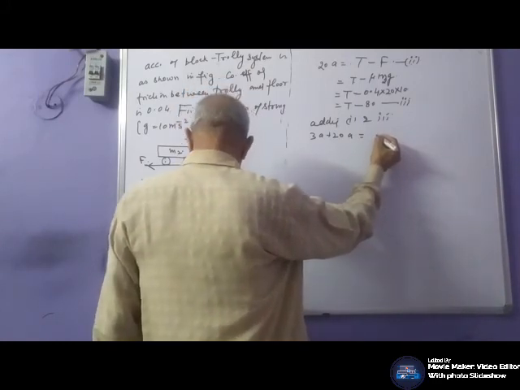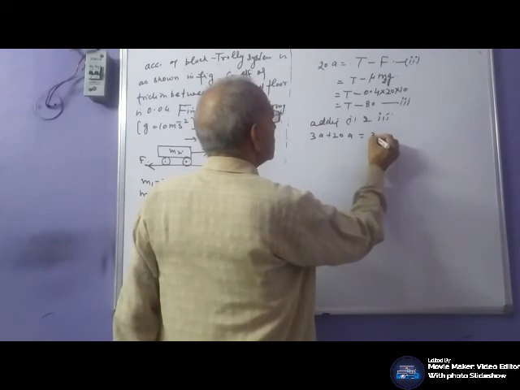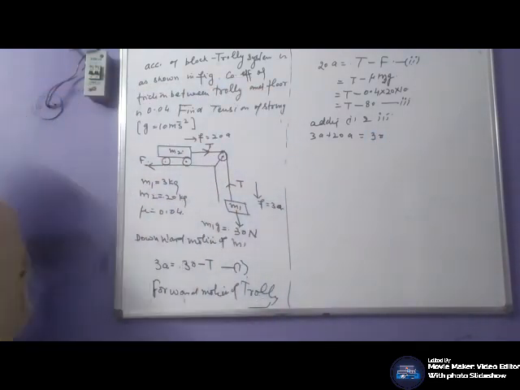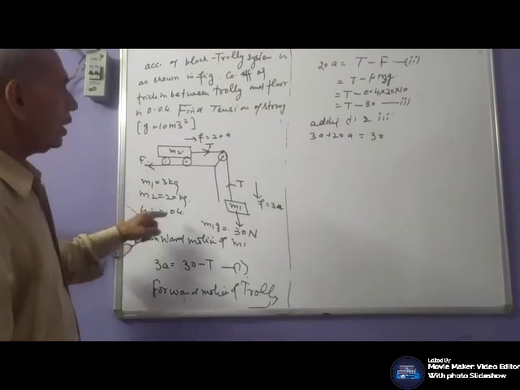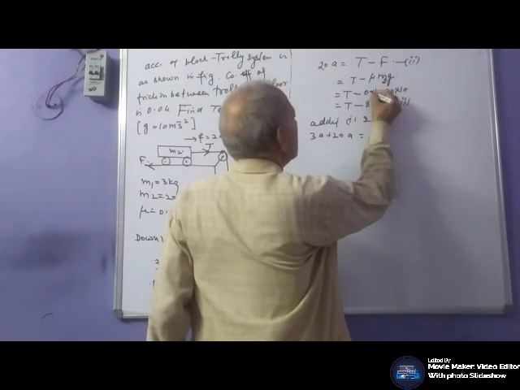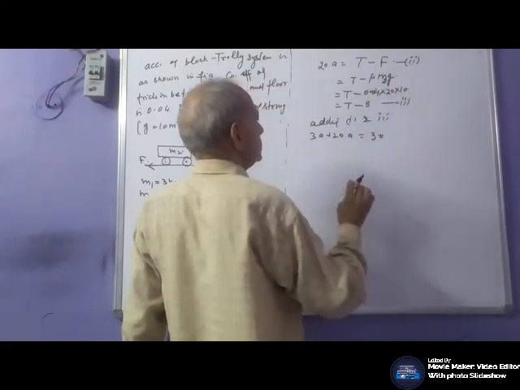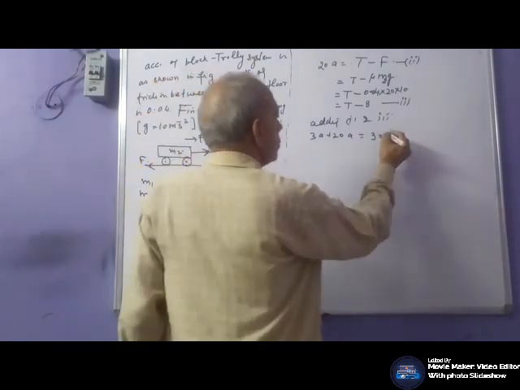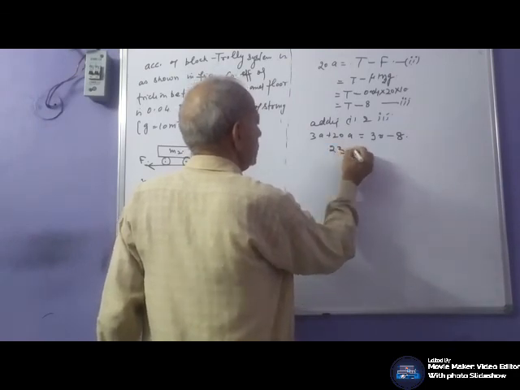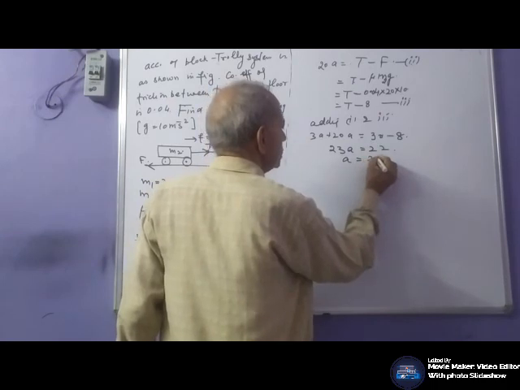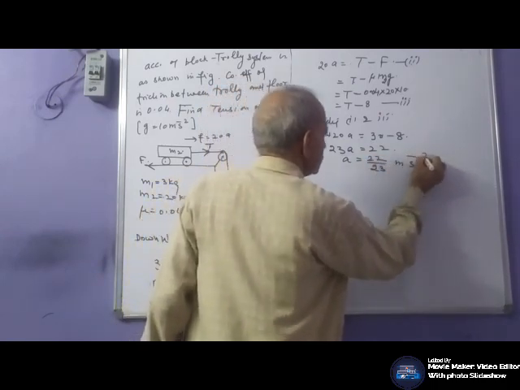So it is 30 minus 8, 23A is 22. A is 22 by 23 meter per second square.